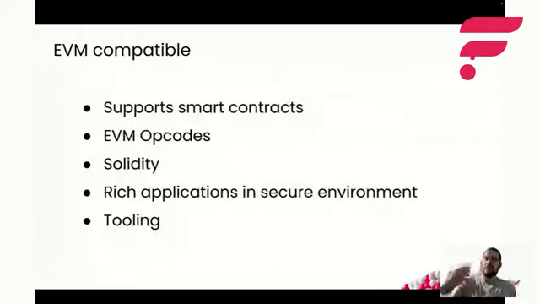If you want to develop on Flare, you can easily use Hardhat, you can use Foundry, you can reuse existing OpenZeppelin libraries. If you use an existing OpenZeppelin library, you can rely on their audits and so on. So you don't have to build things from scratch. You can stand on the shoulders of giants and build something more.